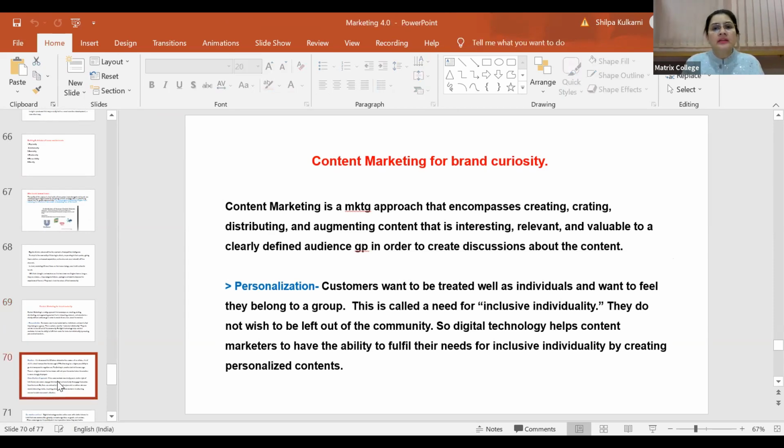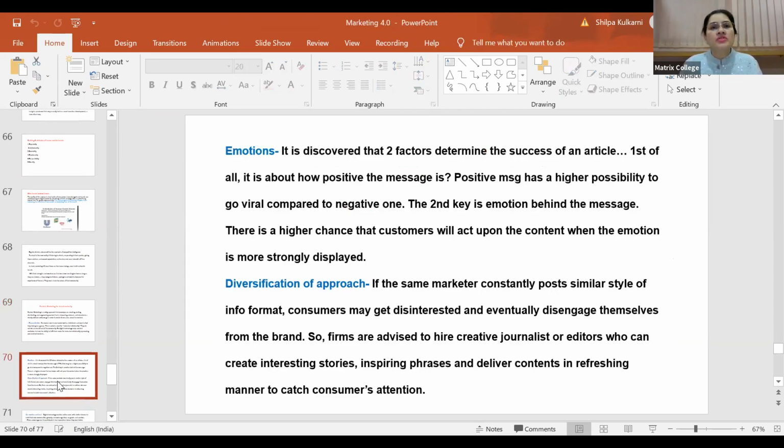Right? Then we studied about emotions. An article or a video posted by any company is considered successful if the number of clicks is high. So it is observed that two factors determine the success of an article: first, how positive the message is, and second, the emotion behind the message.